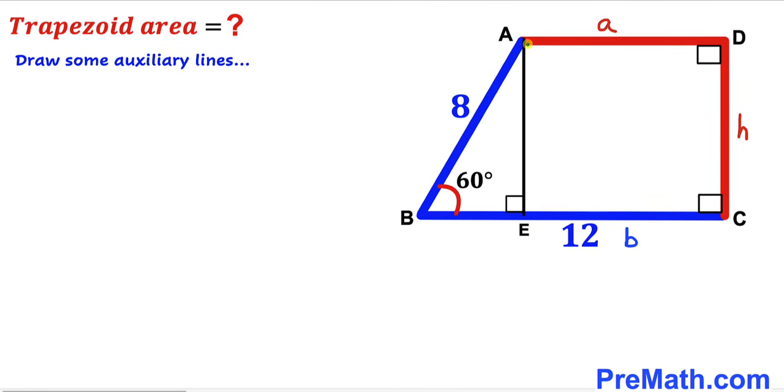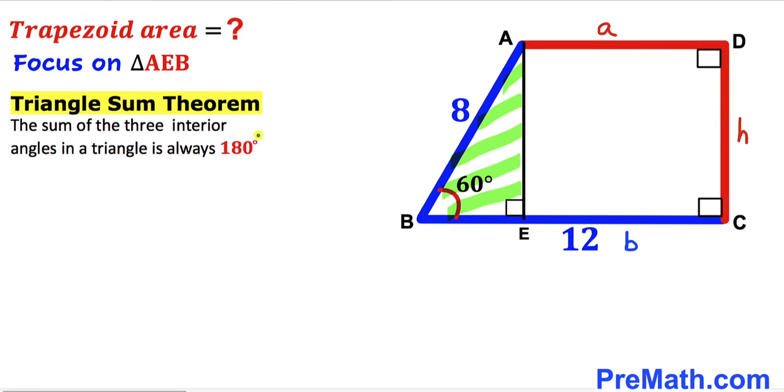Here we have dropped this perpendicular AE on the base BC, and as a result we end up with this right triangle AEB. Let's focus on this right triangle AEB and recall the triangle sum theorem. According to this theorem, the sum of three interior angles in a triangle is always 180 degrees.